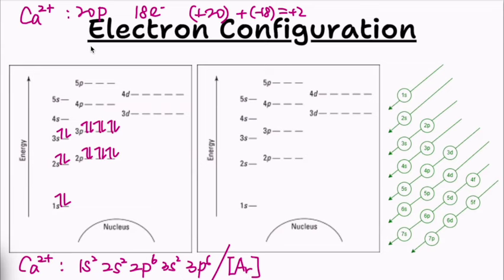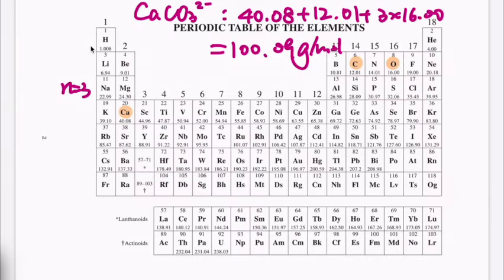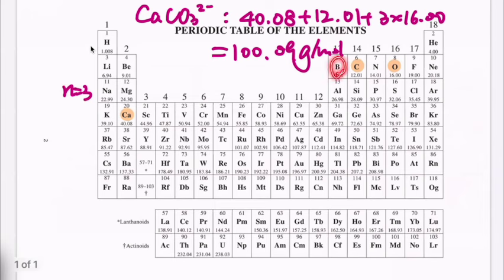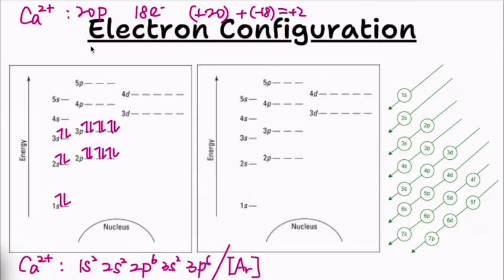Okay, let's try it one more time. Then what about boron? Okay, so boron has the atomic number of 5, so it has 5 protons and 5 electrons. So in the 1s, I'm going to plug in up and down 2 electrons, 2s up, down, 2p, it will be just up.